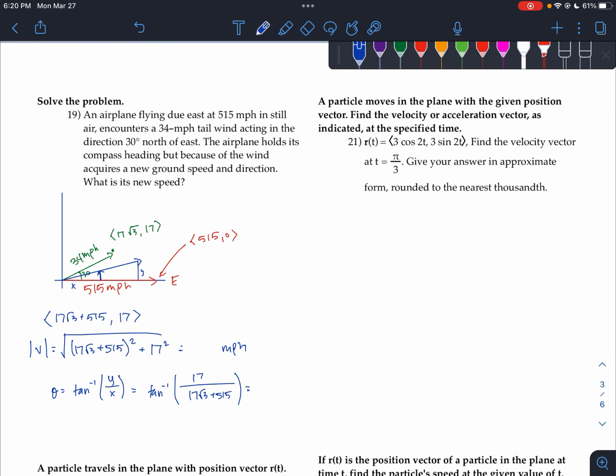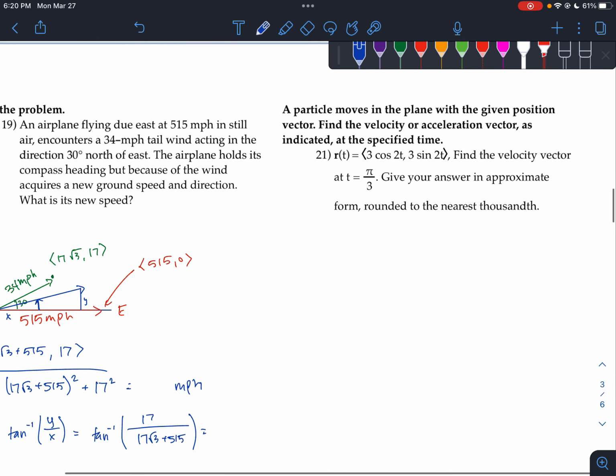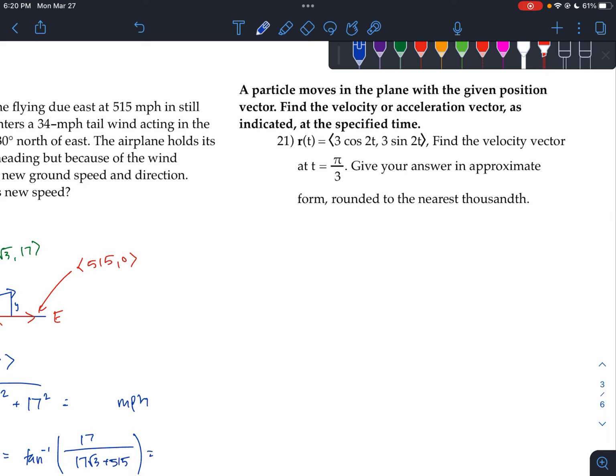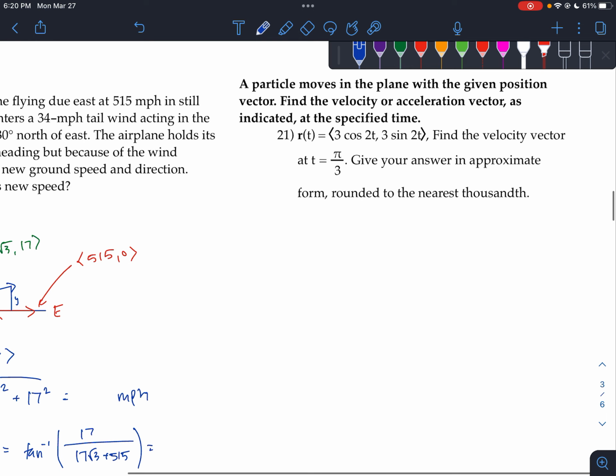Alright, so a particle moves in the plane with the given position vector. Find the velocity or acceleration vector as indicated at the specified time. So find the velocity vector at t equals pi over 3. Alright, so let's find the velocity vector first. So v of t is going to be equal to the derivative of the inside, first of all, times 2.